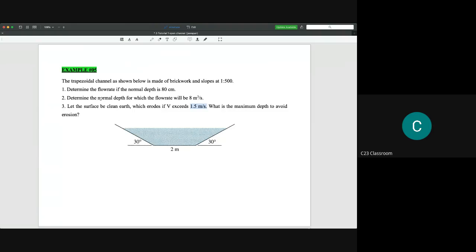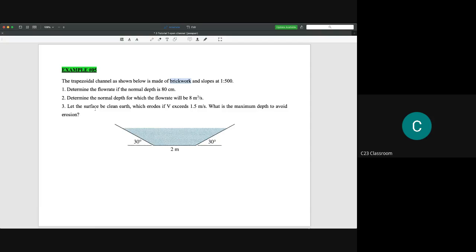For questions 1 and 2, it's quite a straightforward question. In question number 1, you need to calculate the flow rate when the normal depth is given. But in question number 2, you need to calculate the normal depth if the flow rate is given. So it's just reversed. At the same time, you need to know how to use 1 to 500: you just make it 1 over 500, a fraction, 1/500. The brickwork here is the roughness of that open channel.